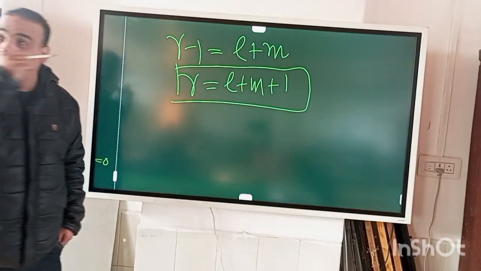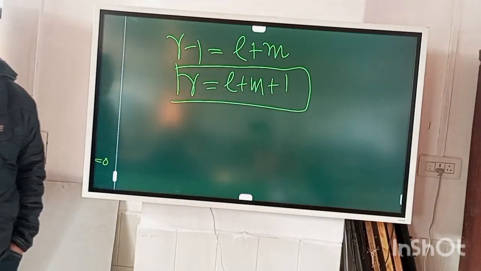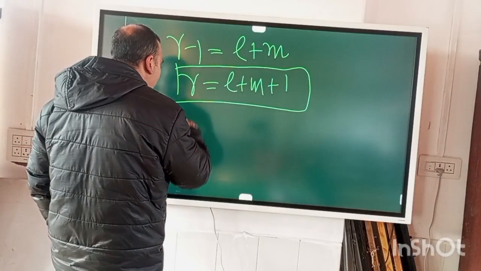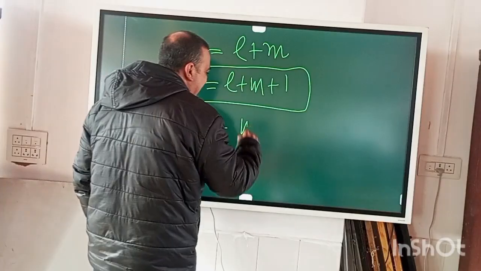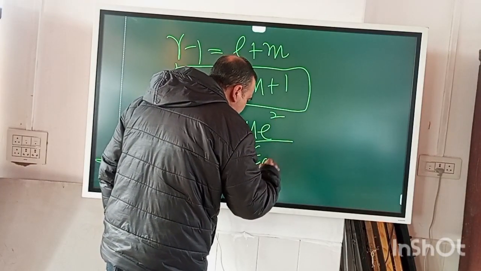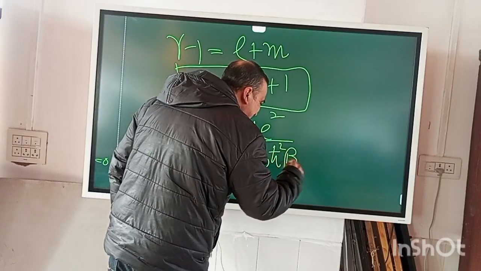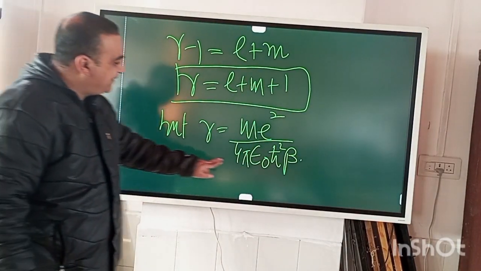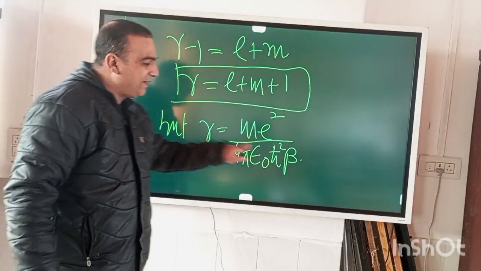But what was gamma? Gamma was me squared by 4 pi epsilon naught h bar squared beta. This was gamma. Now can I do something like this? I will bring beta here and bring gamma down.